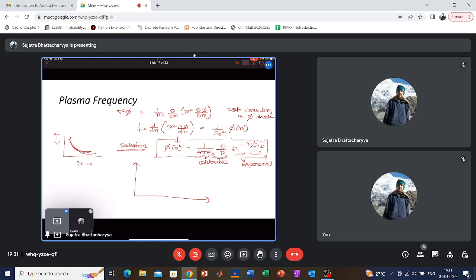But here it will be like this. So it falls, then again like this. This will be the phi. This is the Coulombic. So after the Debye length, lambda d, it falls like this, exponential.